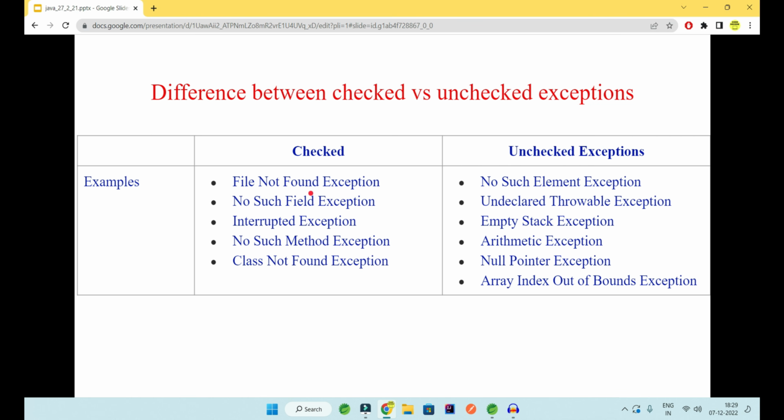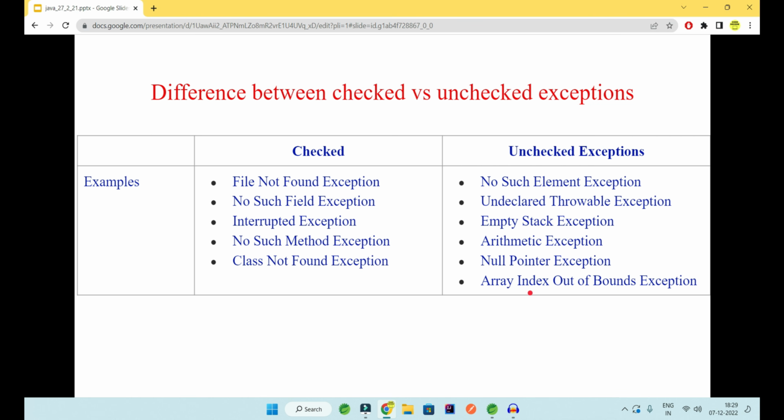Checked exceptions, what I have shown you is a file not found exception, and unchecked that I have shown you is arithmetic exception. More such examples are no such field exception, interrupted exception, no such method exception, class not found exception. And unchecked exceptions are no such element exception, undeclared throwable exception, stack empty, null pointer, array index out of bounds. So these are all unchecked exceptions.